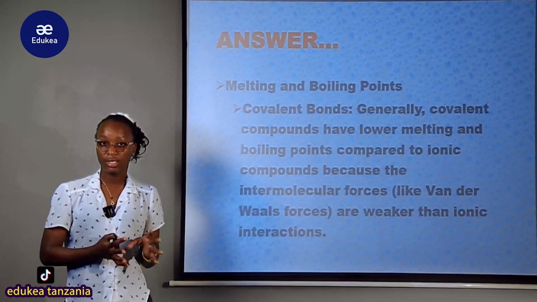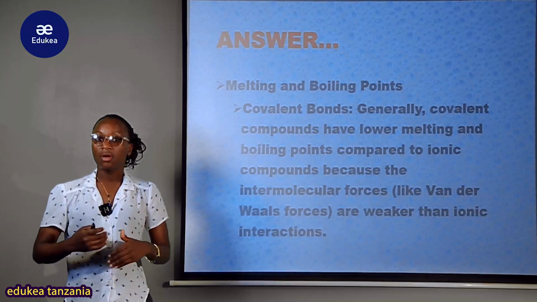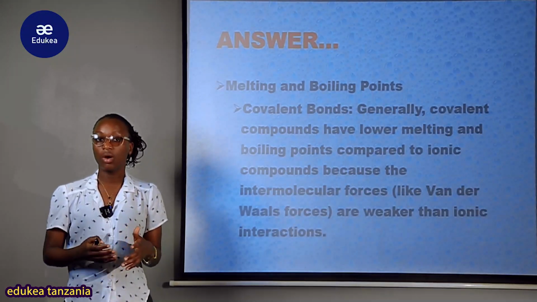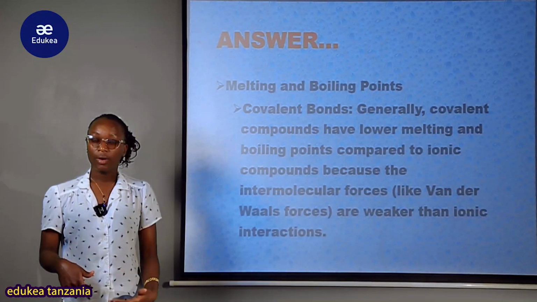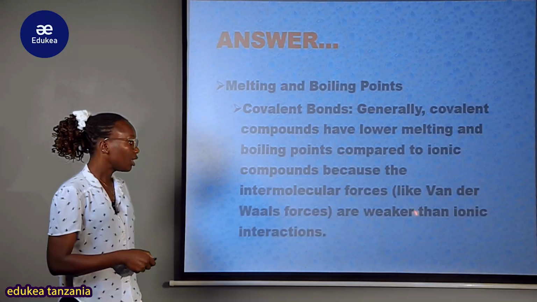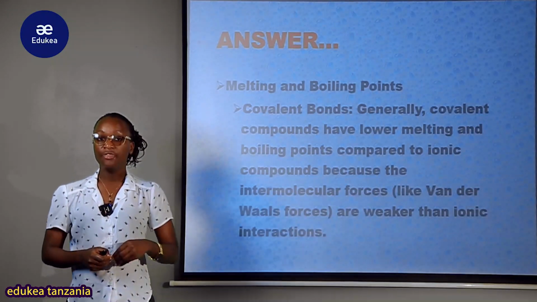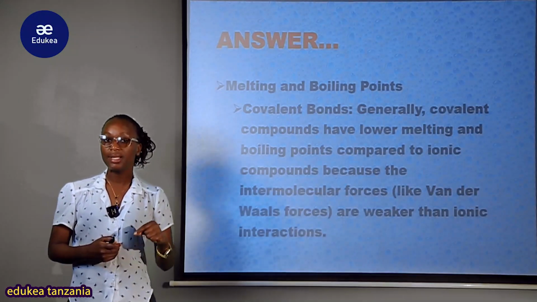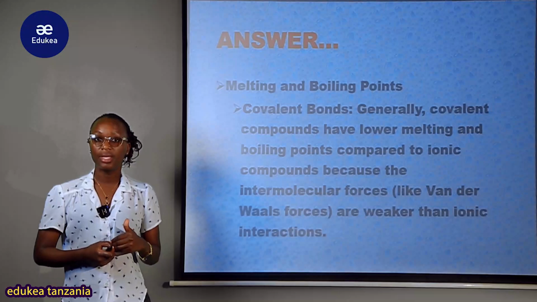Kwa hiyo sasa hivi unasoma tu hivyo unaelewa, lakini utakapofika kwenye level nyingine tunaenda kwenye complicity. Tunatoka kwenye simple tunaenda kwenye complicity. Utasoma zaidi kuhusiana na hizi van der Waals forces. Kwa hiyo inakuwa ni hii forces inakuwa ni weaker than ionic interaction. If it is weaker than ionic interaction, simply inapelekea ile melting na boiling point of this covalent compound to be lower.